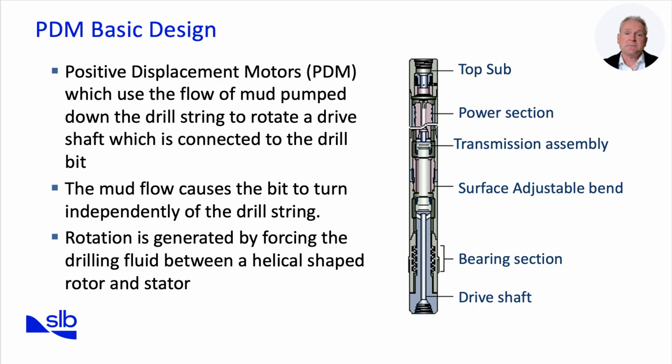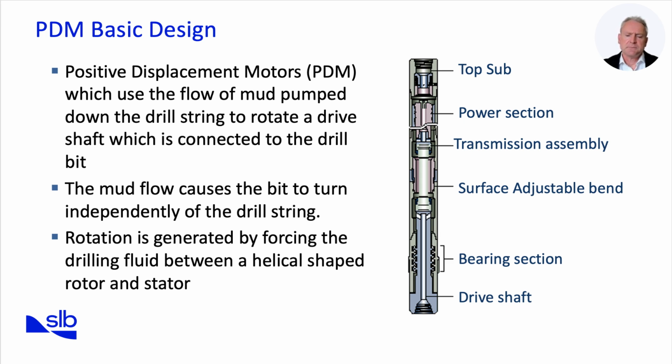The bearing assembly then supports weight on bit and transmits torque to the drill bit while withstanding axial and radial loads. The stator is typically elastomer lined, bonded into a steel housing, while the rotor is a metallic component with a helical profile.